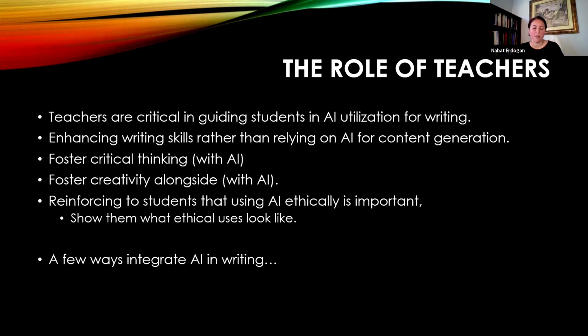As I mentioned, sometimes AI can come up with not very accurate, like inaccurate information, and students should be able to critically analyze that output and refine the ideas based on their own understanding, and hopefully based on accurate knowledge.